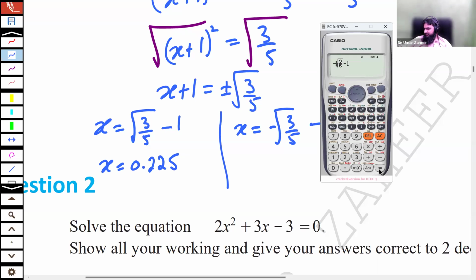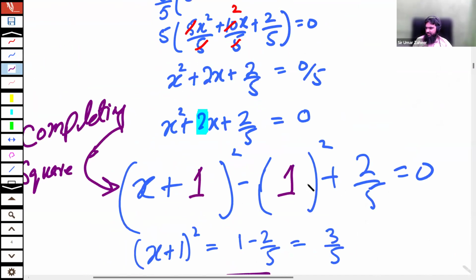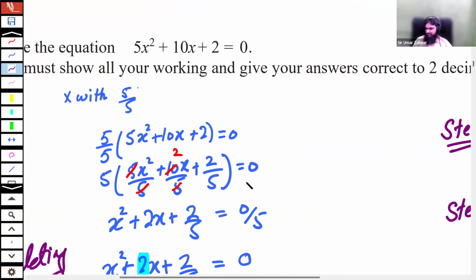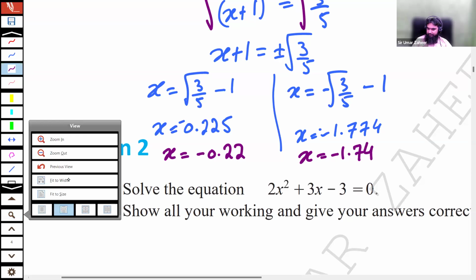It's minus, so the answer is minus 1.774. The examiner says that you have to write the answer up to 2 decimal places. So up to 2 decimal places, my answer is going to be minus 0.22 and minus 1.74.